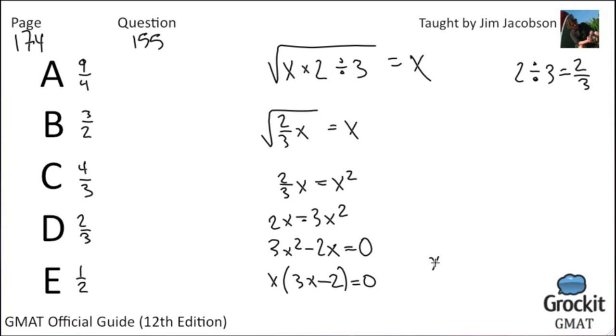In this case then, x itself equals 0, or we have the expression 3x minus 2 equals 0. Add 2 to both sides, we get 3x equals 2, x equals 2/3.